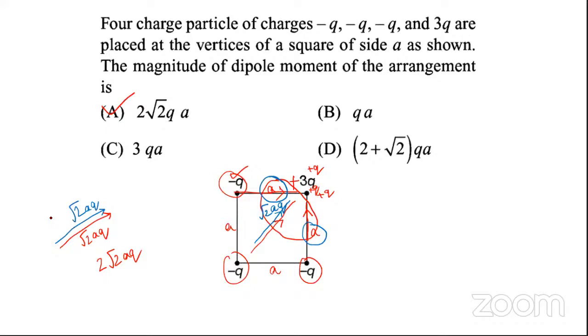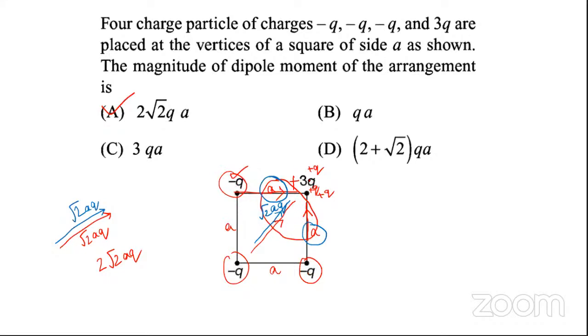Did everyone understand? What did you take for the top left and bottom right charges? Top left and bottom right. See, this is minus q and minus q.